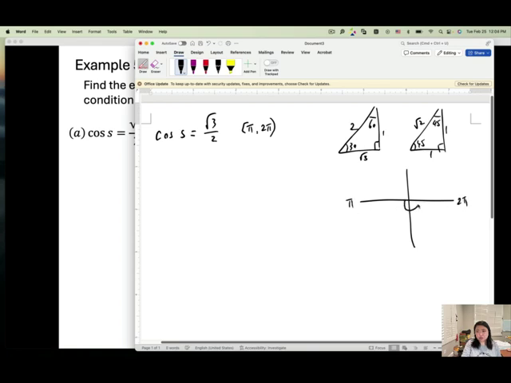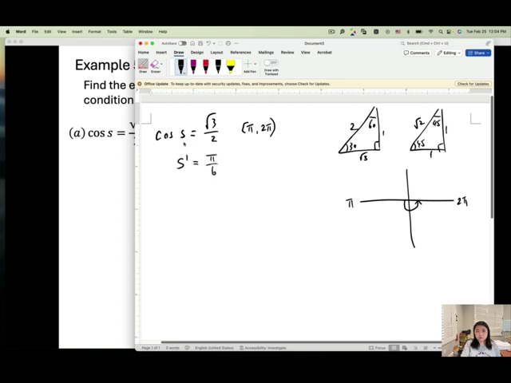So the angle should be located from here. Then we're going to look at it. Cosine s equals √3 over 2. So √3 over 2 would be 30 degrees. However, the given interval is in radians, so we want to use radians. So first, we're going to write down the reference angle. That will be pi over 6, which is 30 degrees.